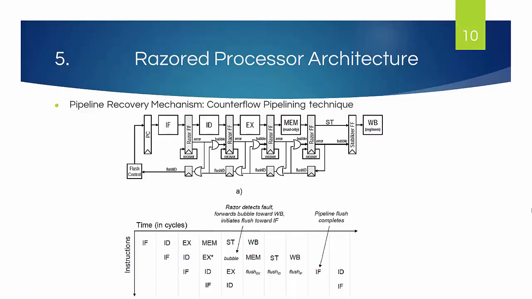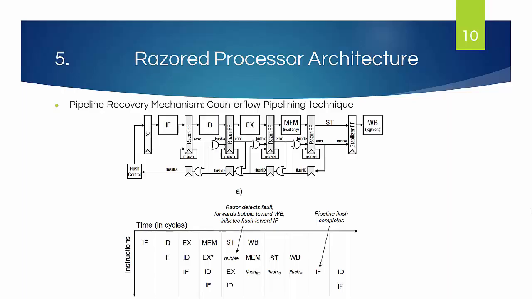First, the pipeline recovery logic creates a bubble signal to nullify the computation in the following stage. And second, the recovery logic triggers a flush train signal, indicating the ID of the stage that generated the error signal. This flush train signal propagates in the opposite direction.